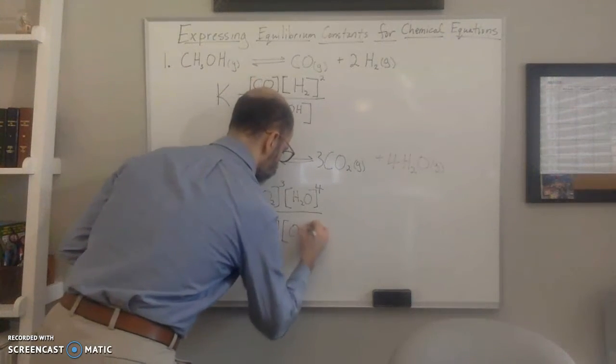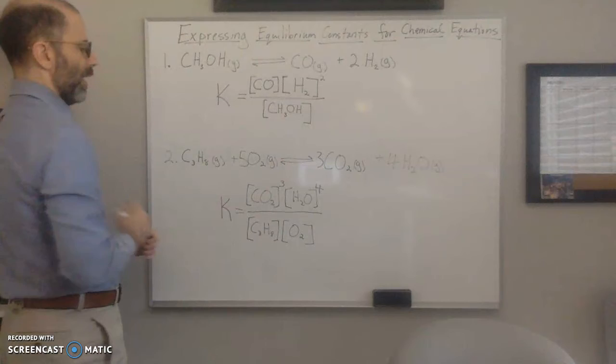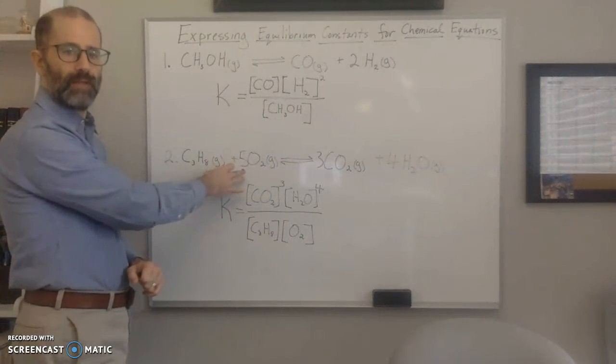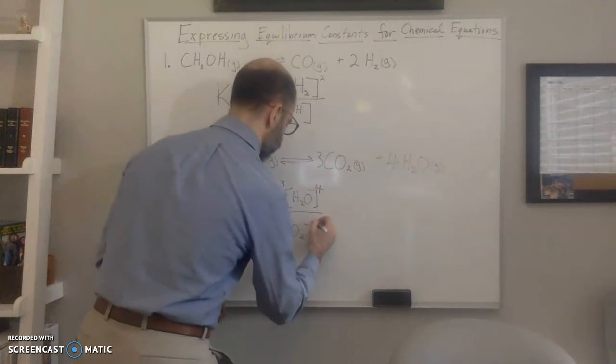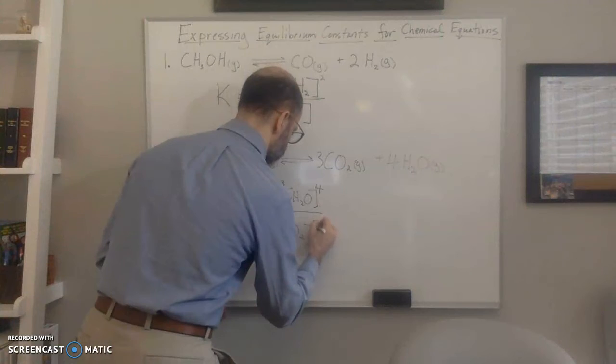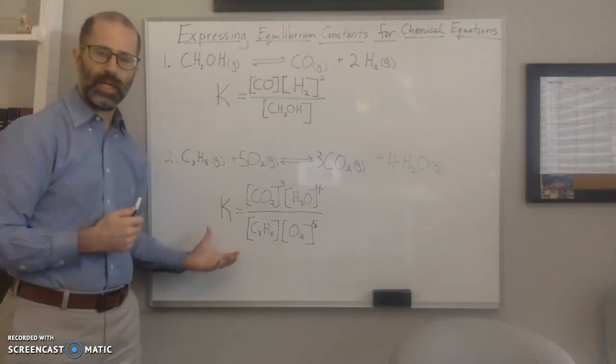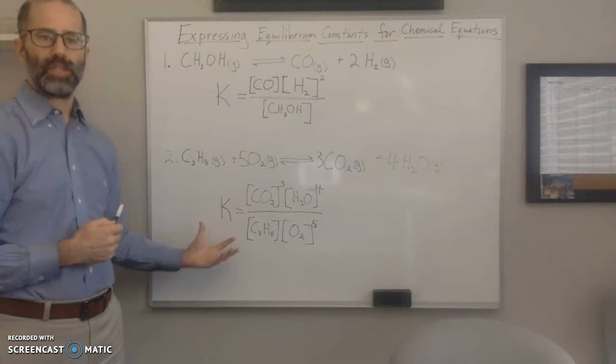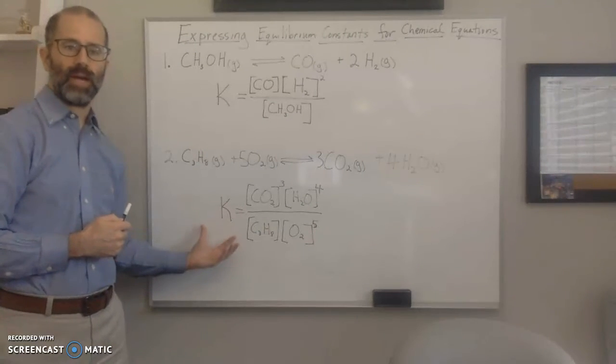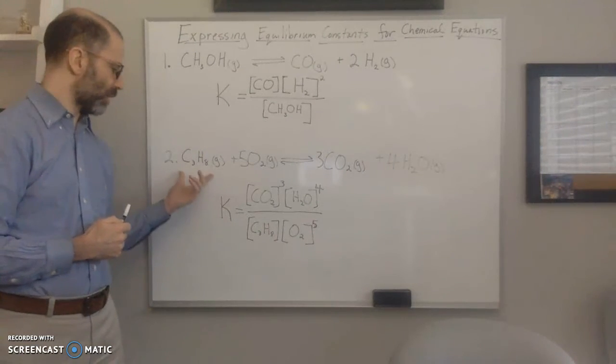So we're going to put O2 down there. And then this is a coefficient of 5, so then we're going to raise this to the power of 5. So here's our 5. And that, ladies and gentlemen, is the expression for the equilibrium constant for this reaction.